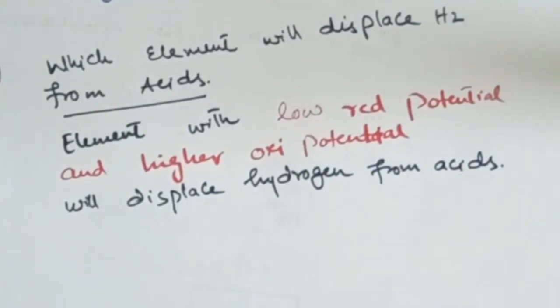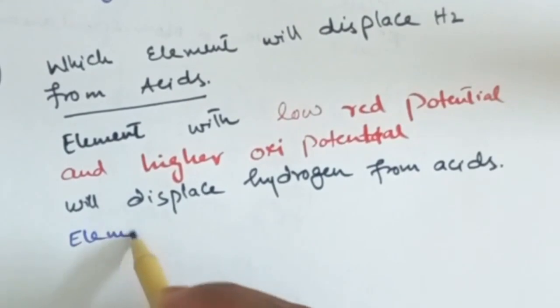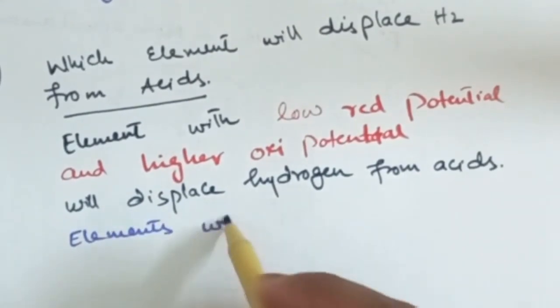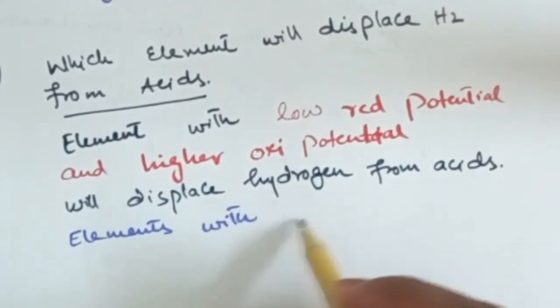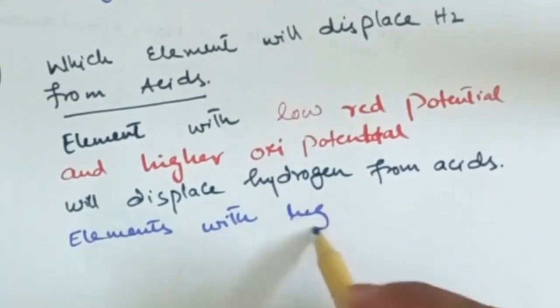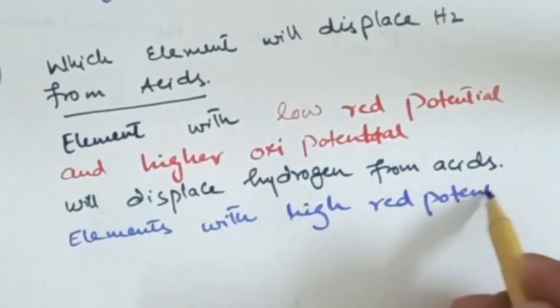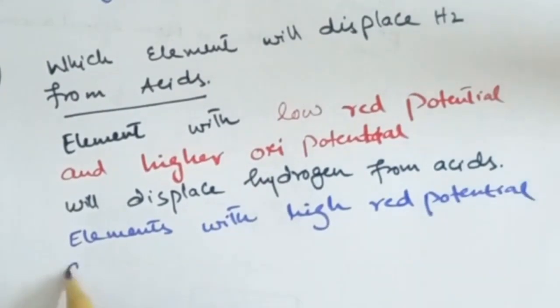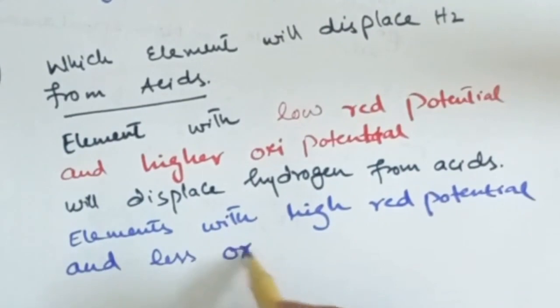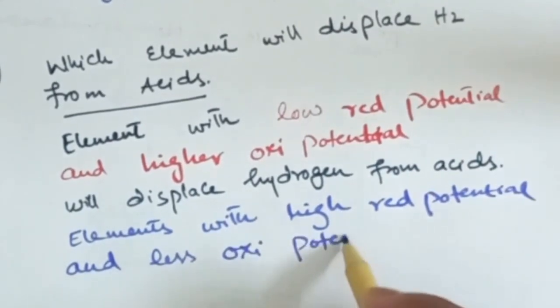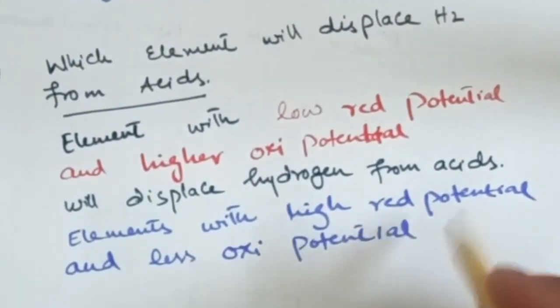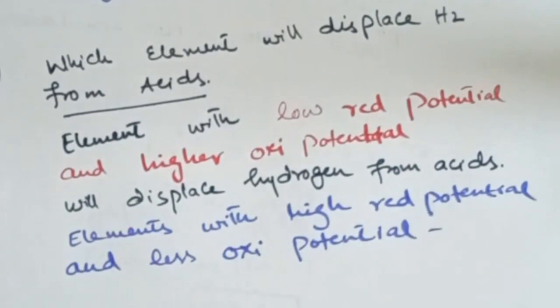While on the other side, the elements with high reduction potential and less oxidation potential cannot displace hydrogen from acids.